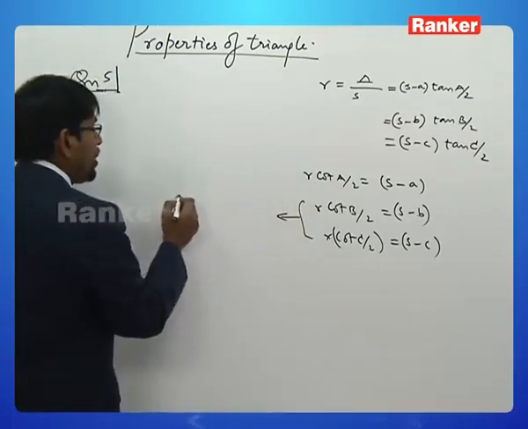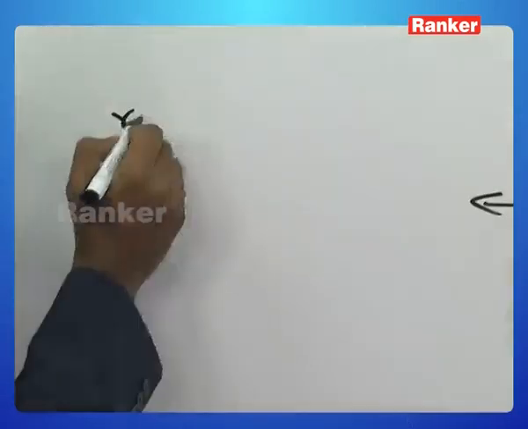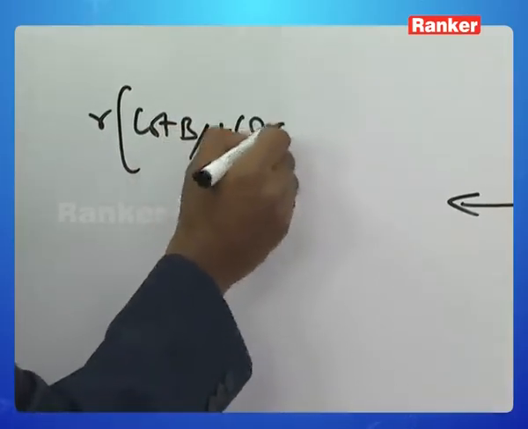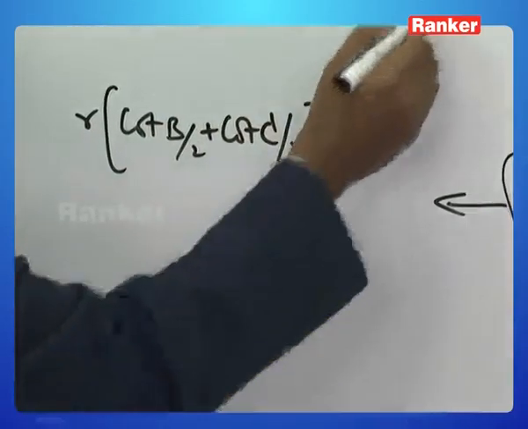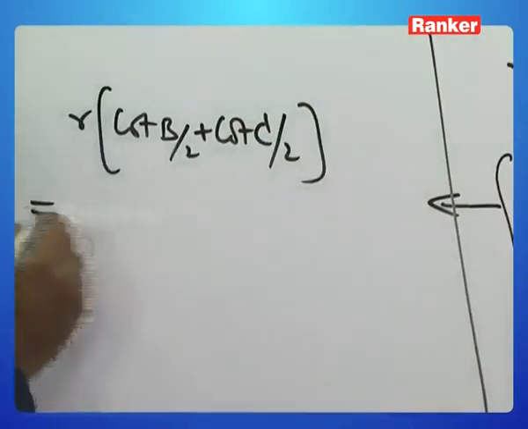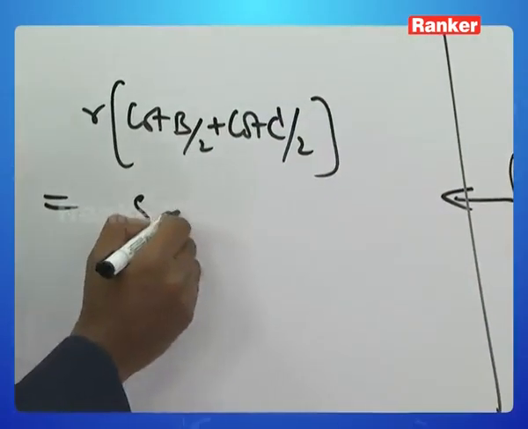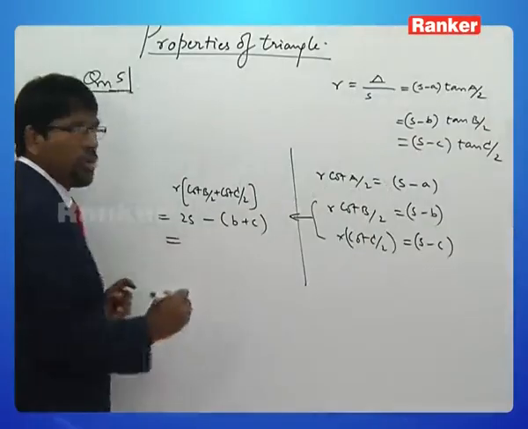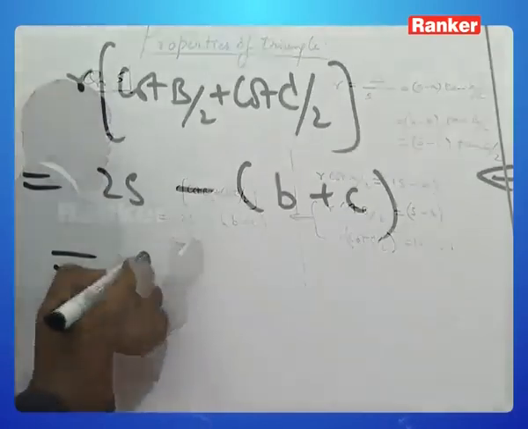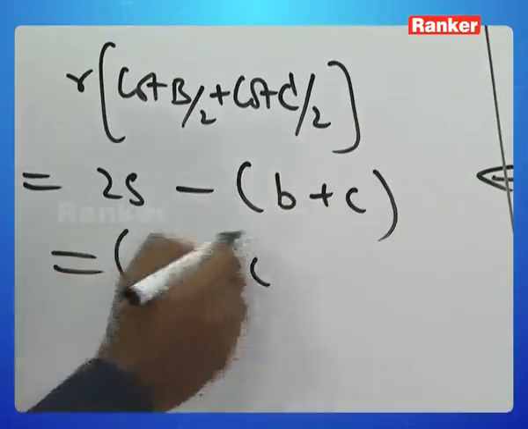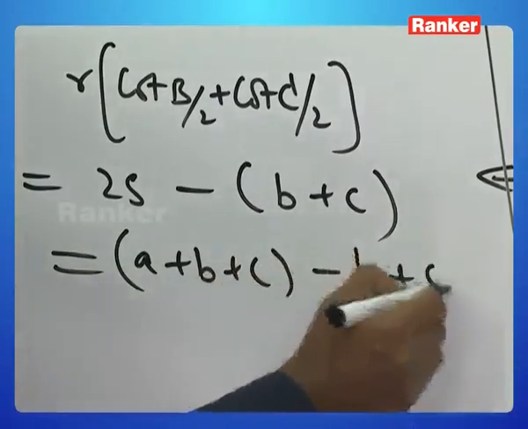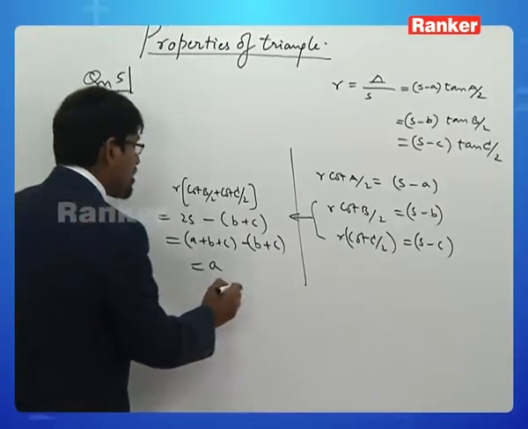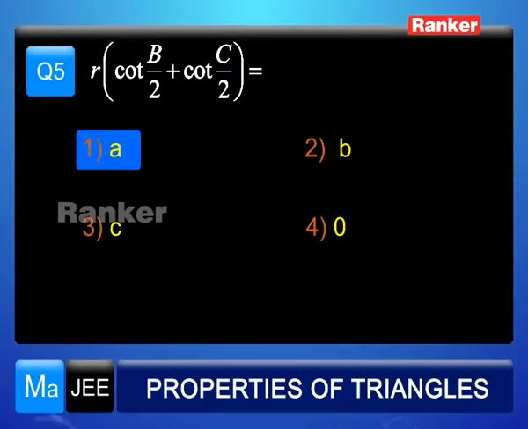We will get r into cot B by 2 plus cot C by 2 equal to s minus b plus s minus c, that is 2s minus b plus c. But what is 2s? 2s is nothing but a plus b plus c. a plus b plus c minus of b plus c, that is very clearly a. So what is the right option? Option 1 is the right option.